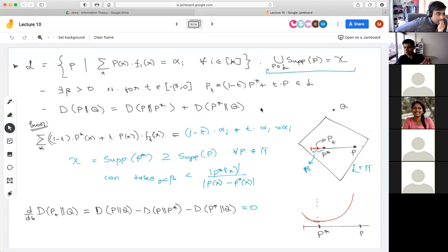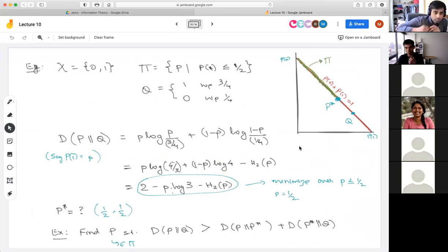So P star need not have derivative 0; it's the minimum only because we have reached the boundary. And that actually happened in this example. You can compute the minimum if you are allowed to move a little further out of the boundary. Maybe not as far as Q, because otherwise the question becomes trivial. But if you move the boundary a little further from half, you can check where the minimum occurs. Might be a good exercise.